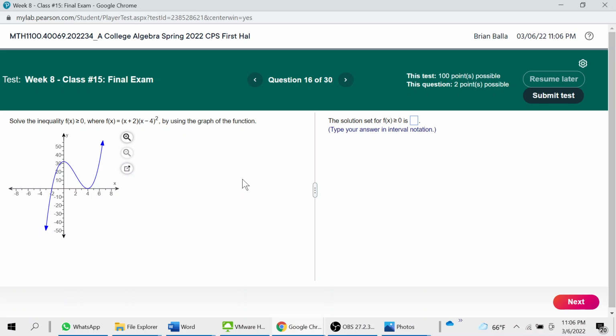Perfect. Alright, solve the inequality for f of x greater than 0.